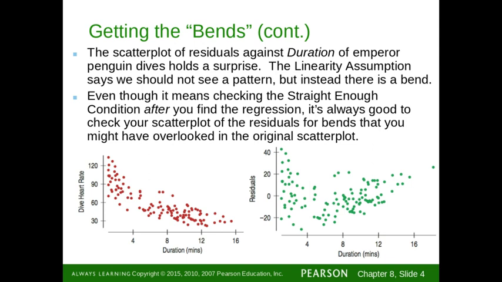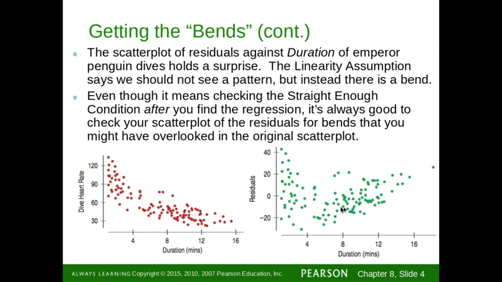Even though it means checking the straight enough condition after you find the regression, it's always good to check your scatter plot of residuals for bends that you might have overlooked in the original scatter plot. So the plot in red is just the actual scatter plot.